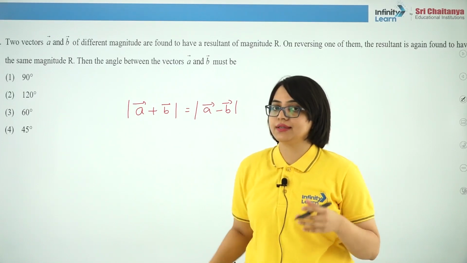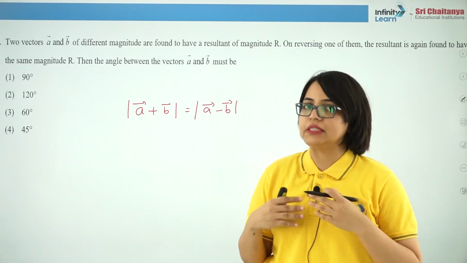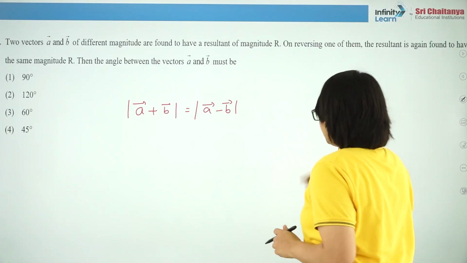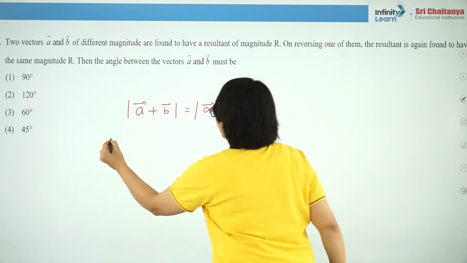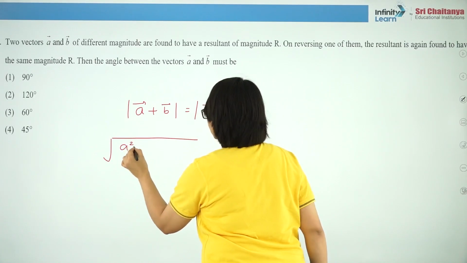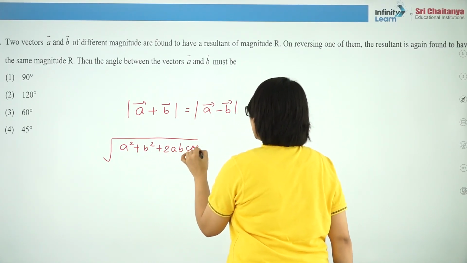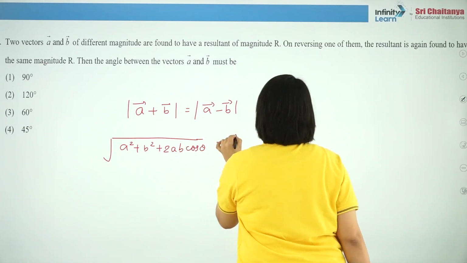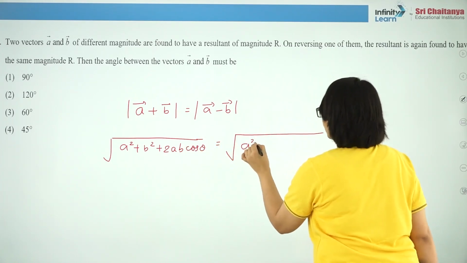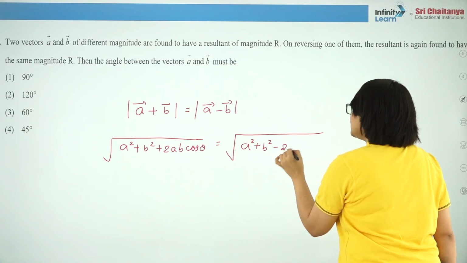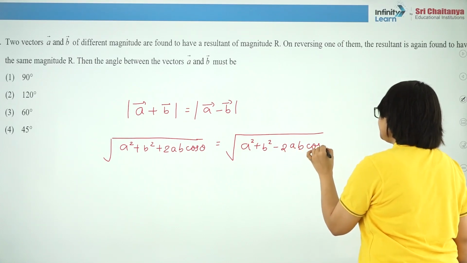It is given that summation is equal to difference magnitude, right. What is A plus B magnitude? It is under root of A square plus B square plus 2AB cos theta, and what is A minus B? It is under root of A square plus B square minus 2AB cos theta.